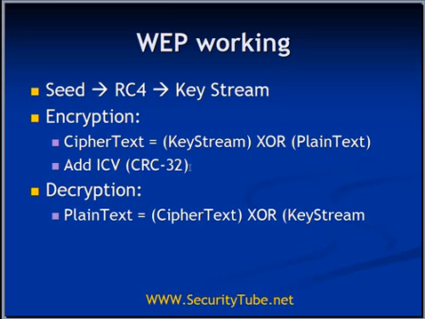The CRC32 ICV is added to keep the integrity of the message, so that intruders in between should not be able to tamper with the message. To avoid this tampering, the ICV is introduced. At the end, for decryption, the plain text will be derived by XORing the ciphertext with the key stream. So WEP is based on this simple RC4 stream cipher algorithm, and the ICV is also added to enhance the integrity. That's all about this video.